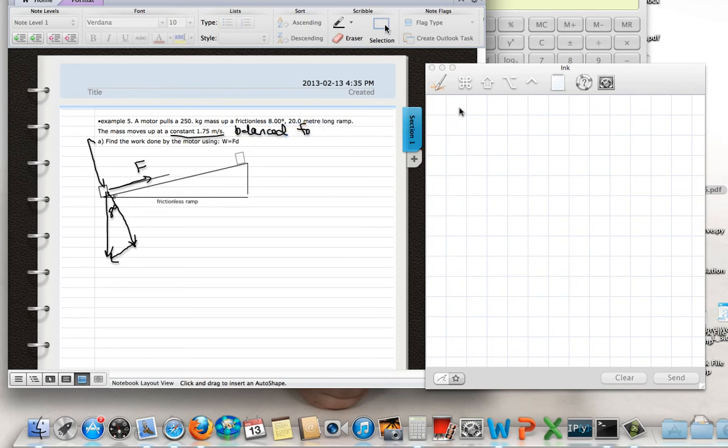And that tells us that the applied force F has to equal the slide component, which is 250 g sine of 8 degrees. So we can calculate the work then, knowing that this force has got to be the same as this slide component. There's the force, right? Multiplied by the displacement. It's a 20-meter long ramp, so there's the work.